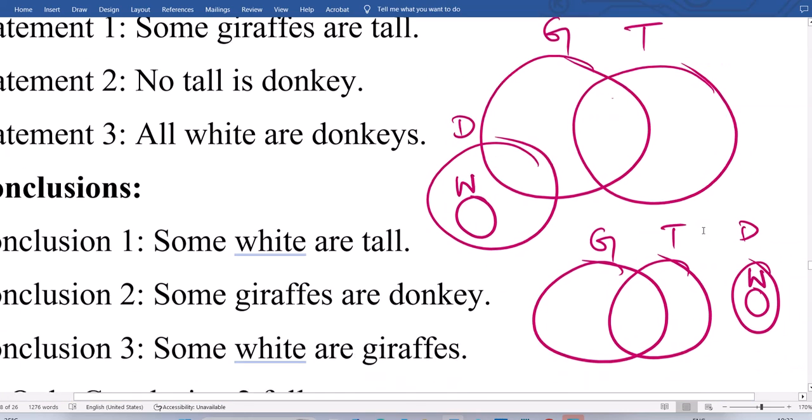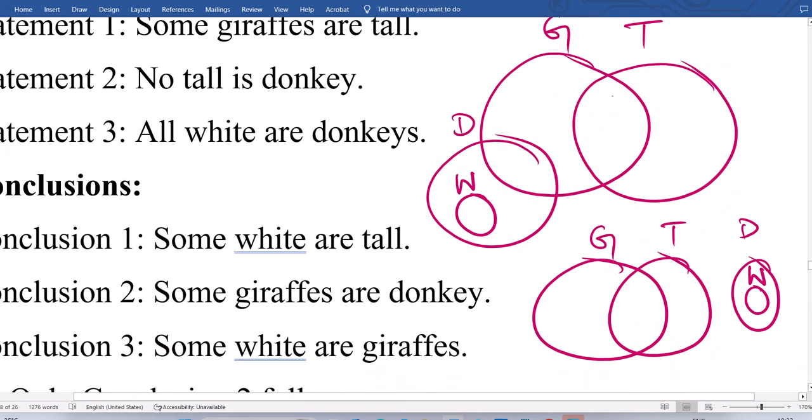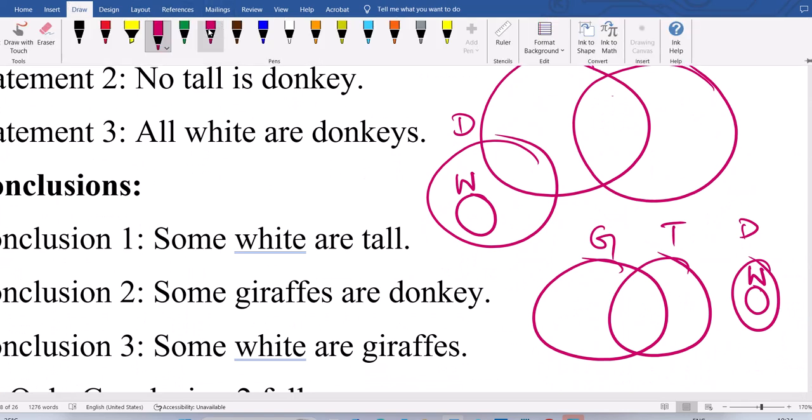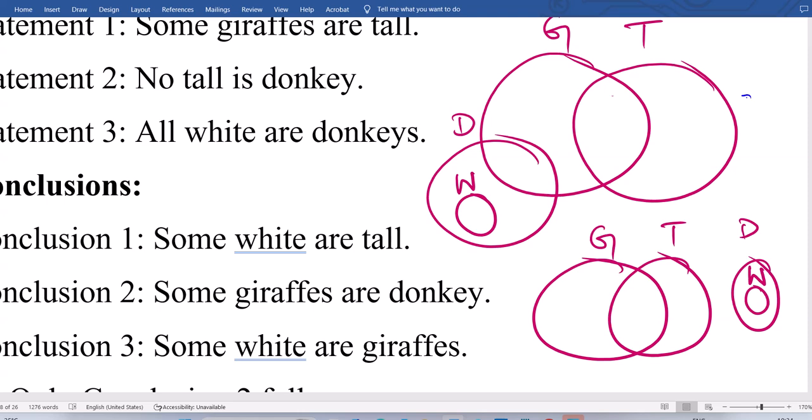Now first let me check a few conclusions with these two diagrams, then we'll work on the remaining. First conclusion, some white are tall. False. Second one, some giraffes are donkeys. Correct in the first diagram, but failed in the second diagram.